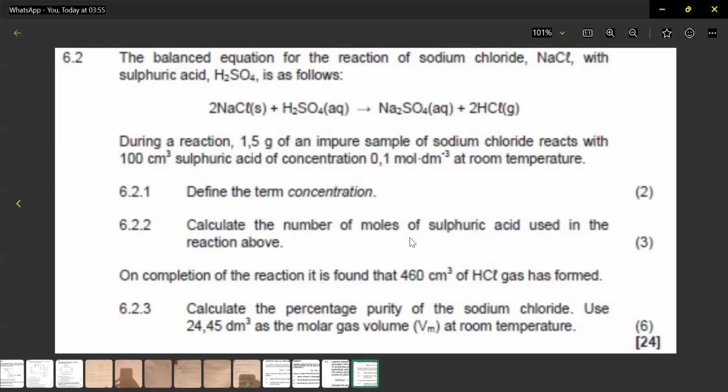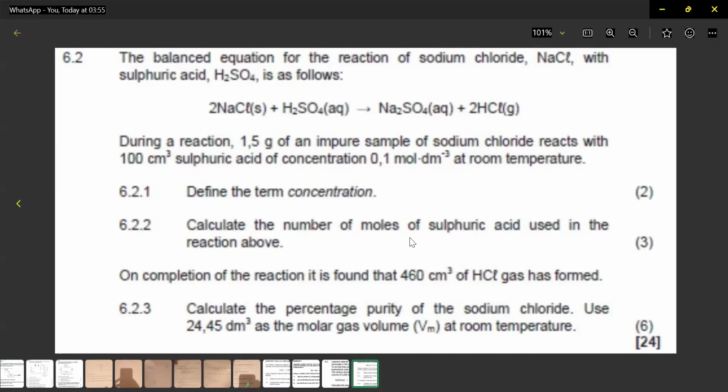And remember what I told you, the molar gas volume changes depending on the mood of the examiner. So this is what today's examiner woke up. I don't know woke up doing what, but this is what he decided to say.